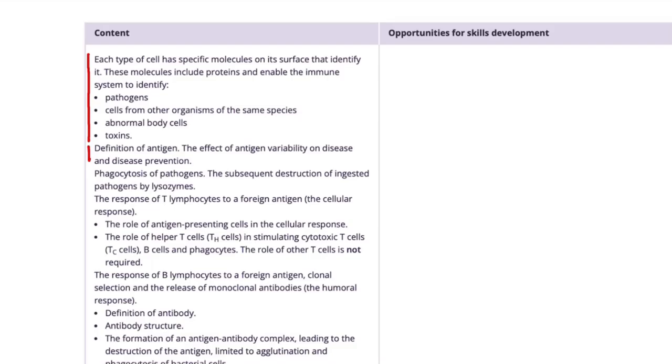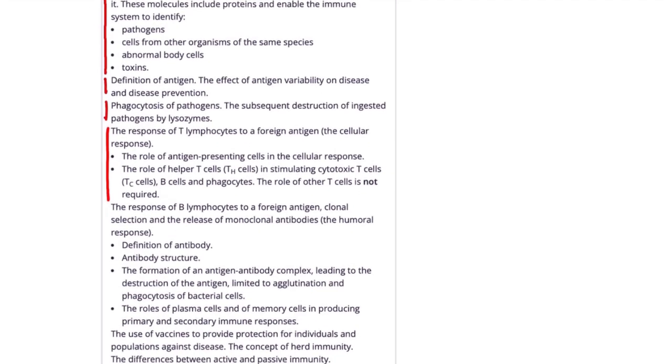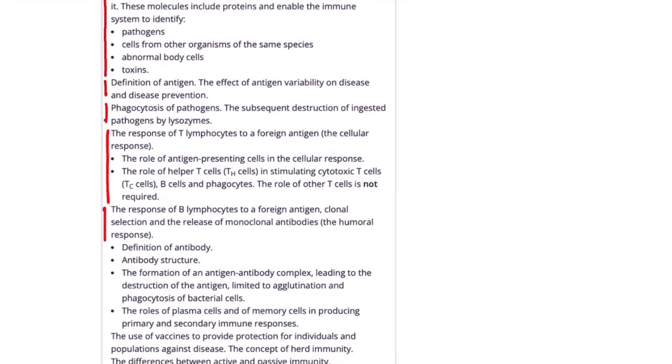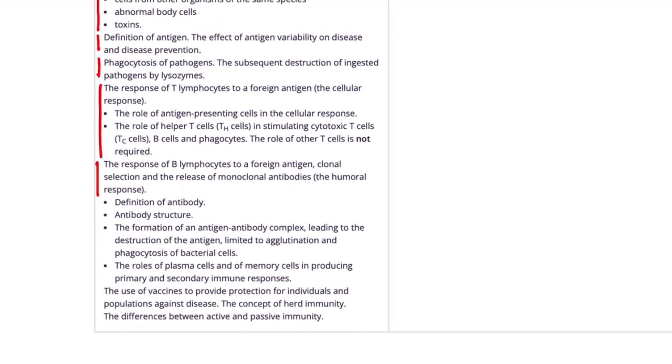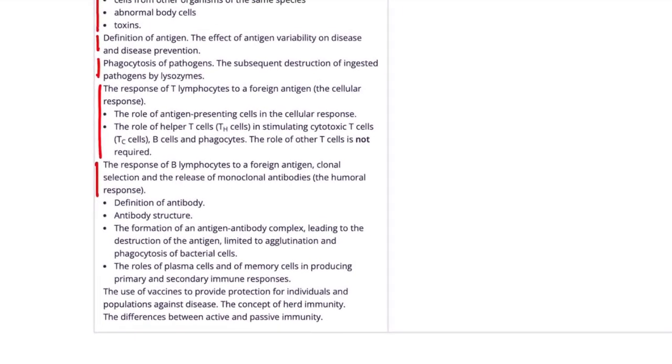We've looked at phagocytosis, and T cells in our last lesson. Today we are going to be looking at B cells. Then in our next lesson, we are going to be looking at antibodies, immunity, vaccines, that sort of stuff. Then that would finish off this area of the spec.